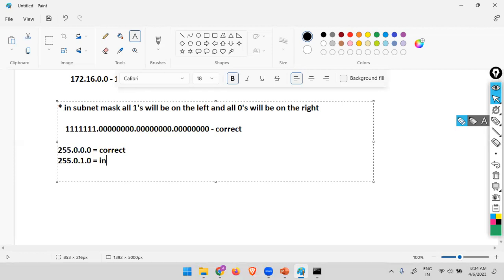Subnet mask, yeah, subnet mask, not an IP address. Correct or incorrect? Simple. All the ones will be on the left, all the zeros will be on the right. So this is again incorrect. Not a single one will be there in between. All the ones always on the left, all the zeros always on the right.